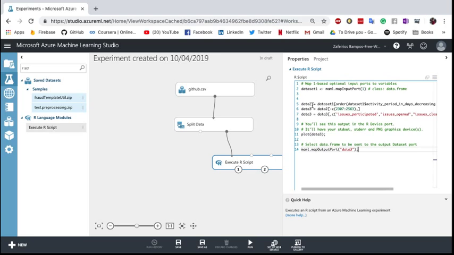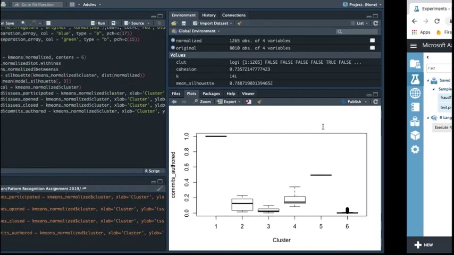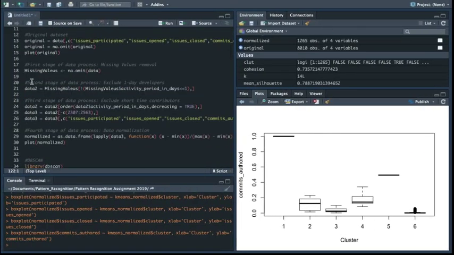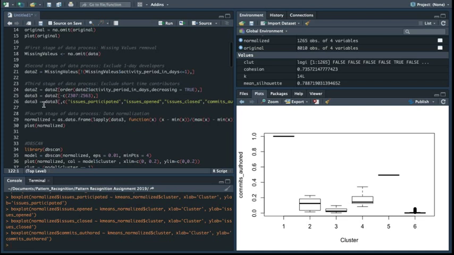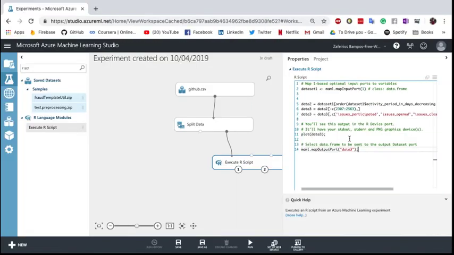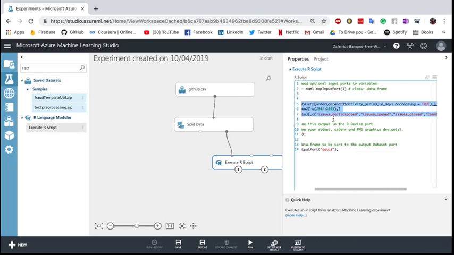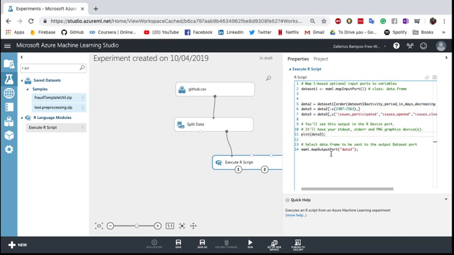We are going to create a data 2, which is actually the same code that we wrote here, in order to order the data by the activity period in days variable, and then exclude 5% of our dataset, the short-term contributors. So it's exactly the same code. We are getting only the 4 columns, and we are going to plot the data as well and make it an output. So here everything is fine.